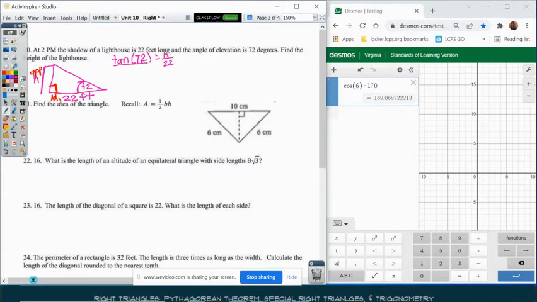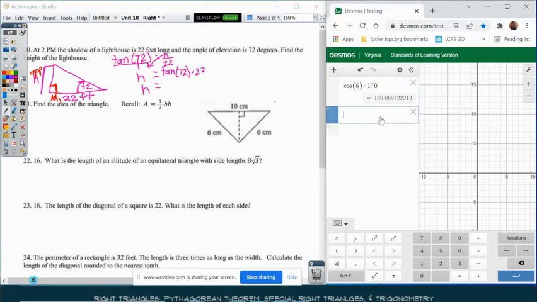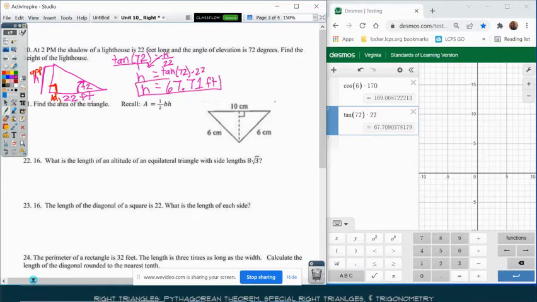Number in the angle, put it over a number 1, cross multiply. 1 times h is h, and then we're going to do the tangent of 72 times 22. For all of that, go to your calculator to get some trig function. So the tangent of 72 gets multiplied by 22. We are looking at 67.71 feet for the height of this lighthouse.